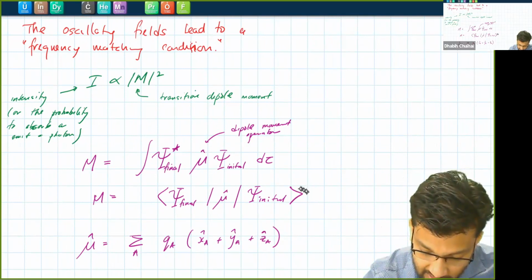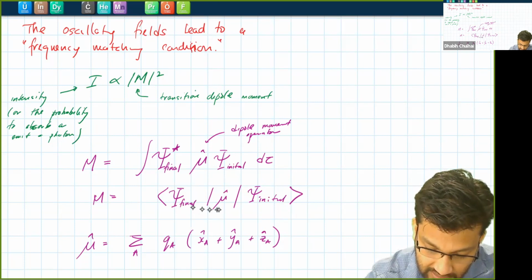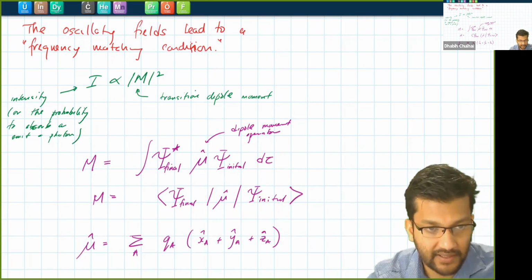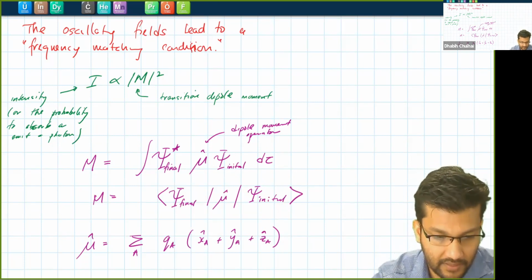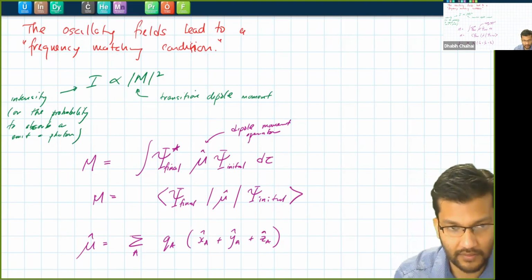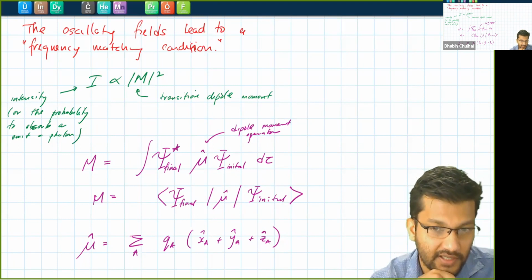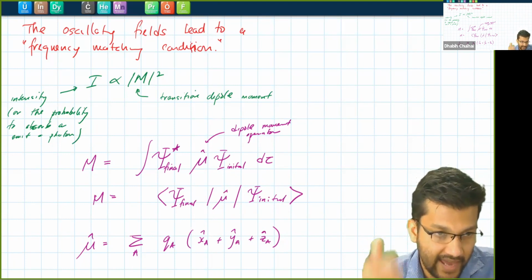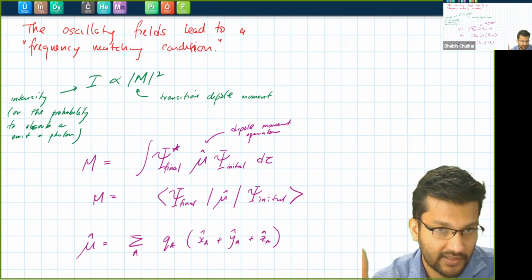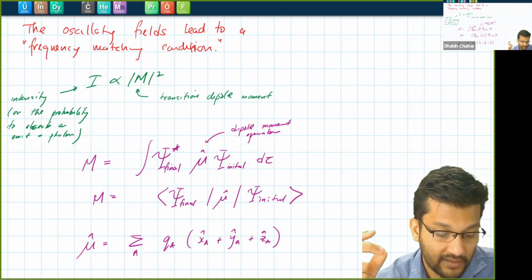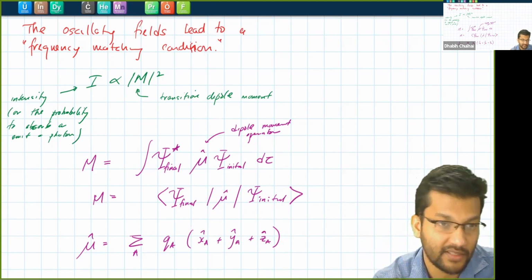So this here gives you the probability of a photon being emitted and the probability of a molecule going from one state to another state, right? So those are our three conditions. If you want a spectrum to happen, or if you want the light to be absorbed, the energy must match, because of conservation of energy. The angular momentum must also be conserved. And also the transition dipole moment must be non-zero.